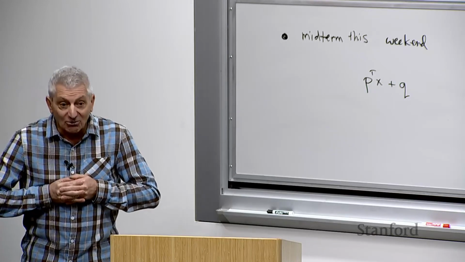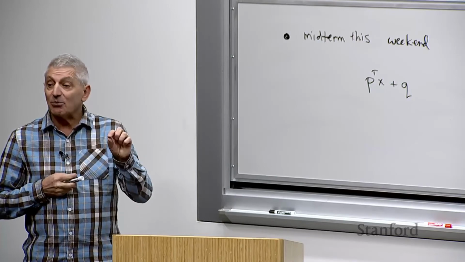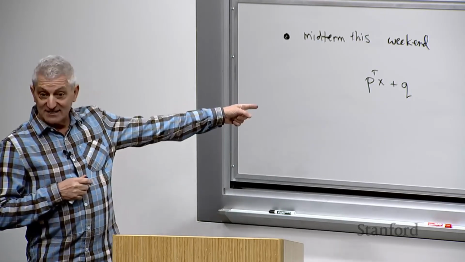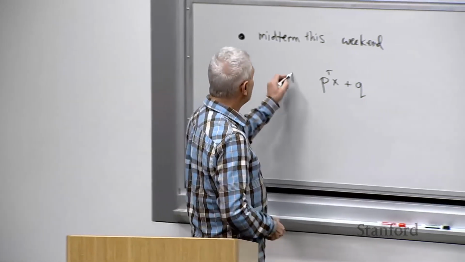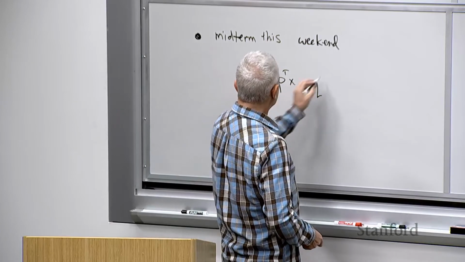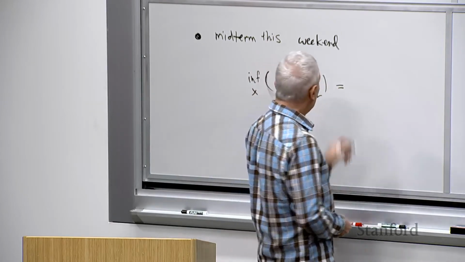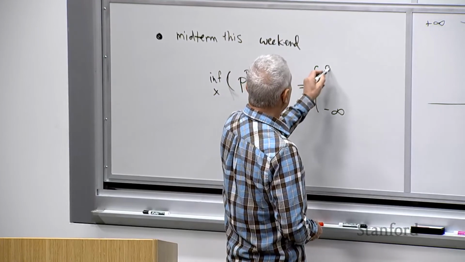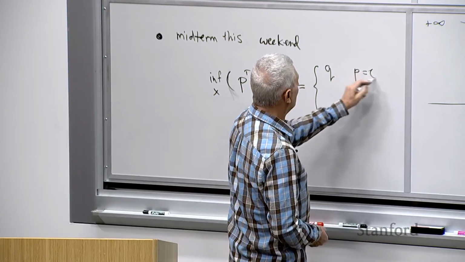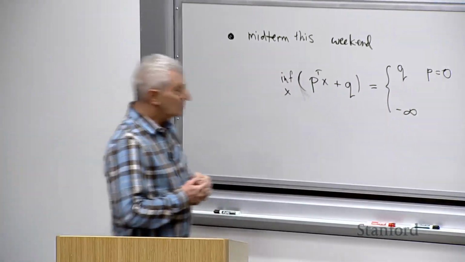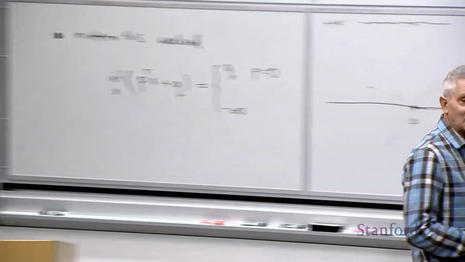If p is 0, which means that if the linear part vanishes, then what is this thing? So I would write something like this. Inf over x of this is mostly going to be minus infinity. But here it's going to be q, and that's if p equals 0. Okay? Everybody got that? So that was a pretty quick calculation there.